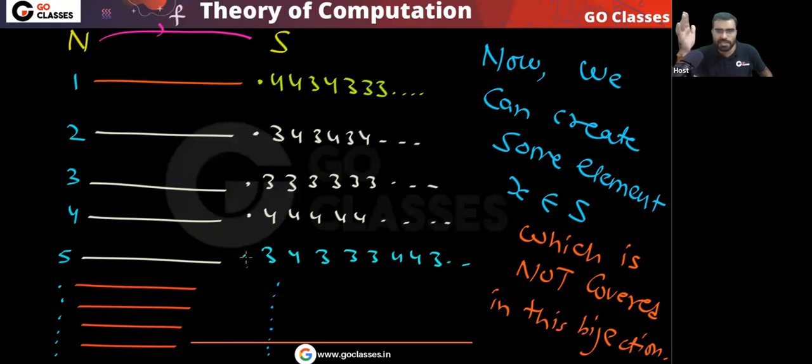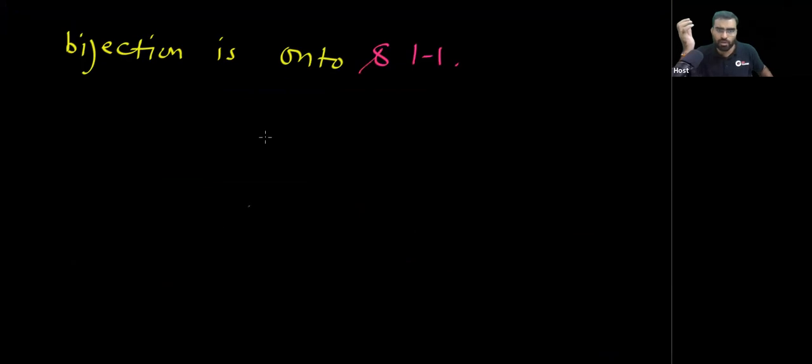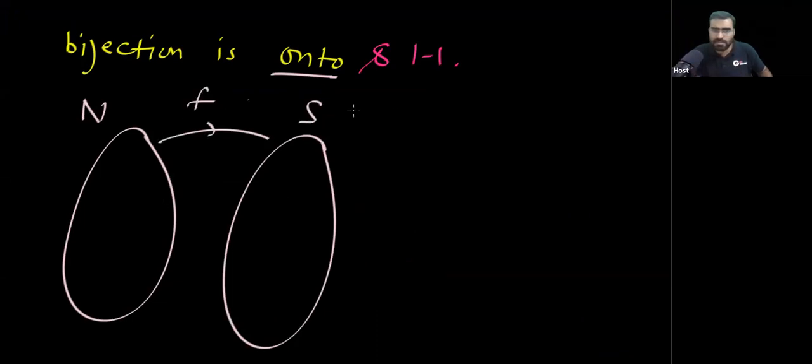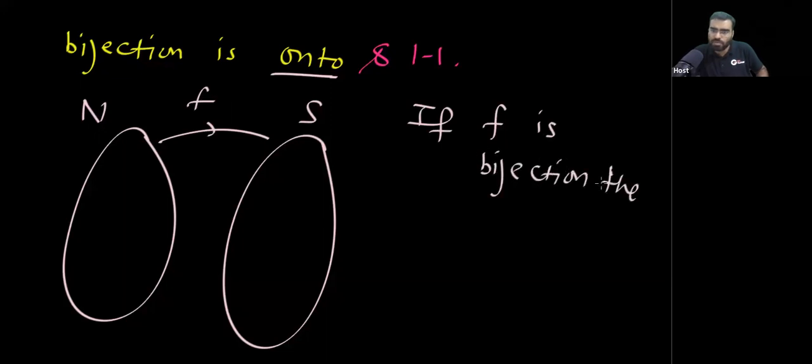We know a bijection is onto and one-to-one. So if F is a bijection, then F is onto. And if F is onto, can I say every element of S must be covered?